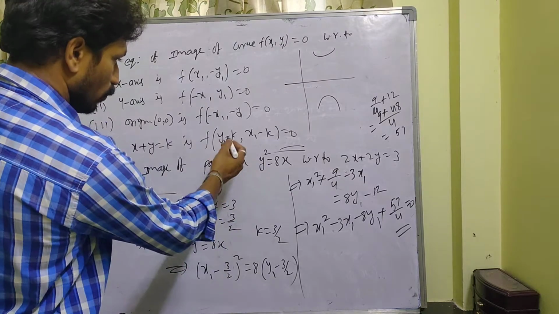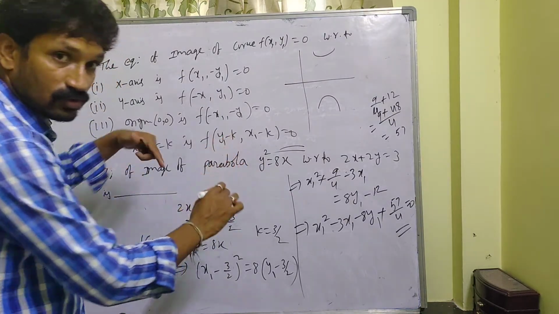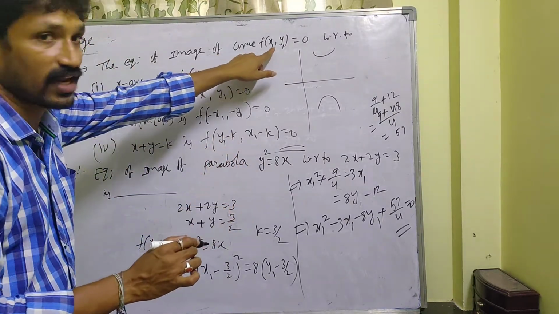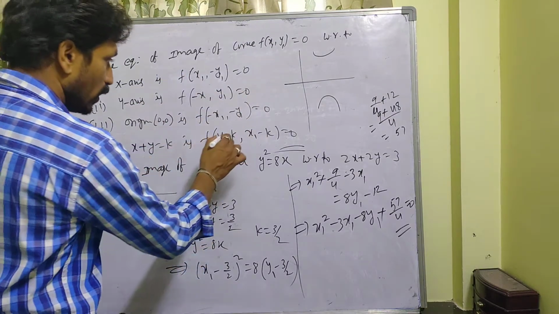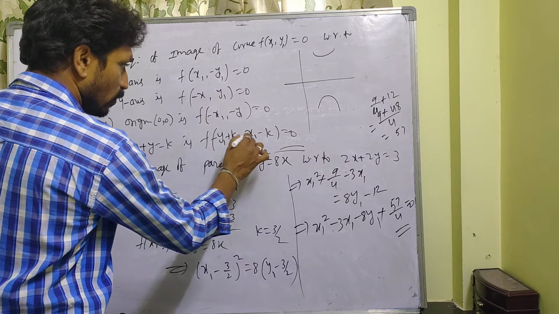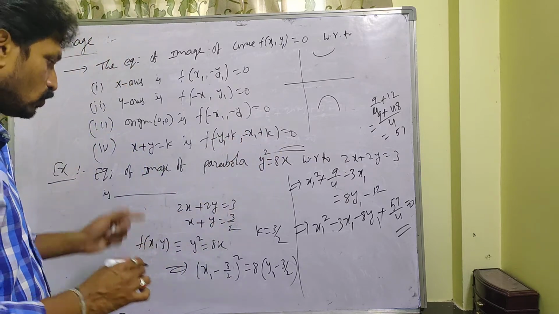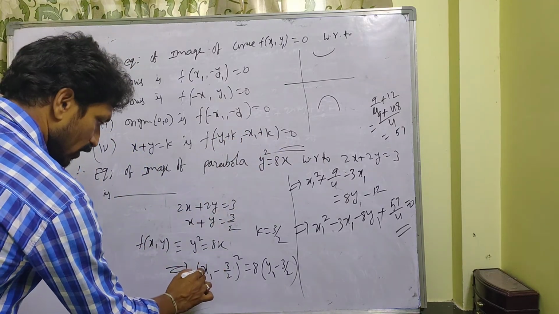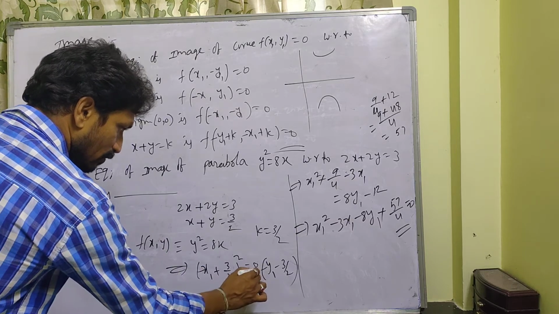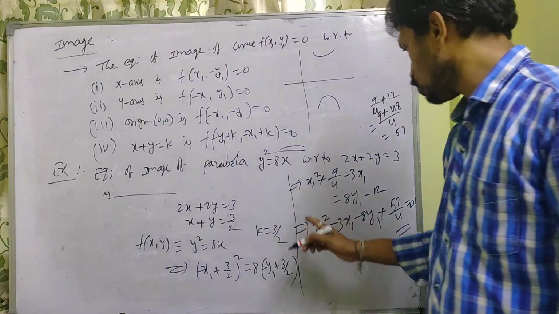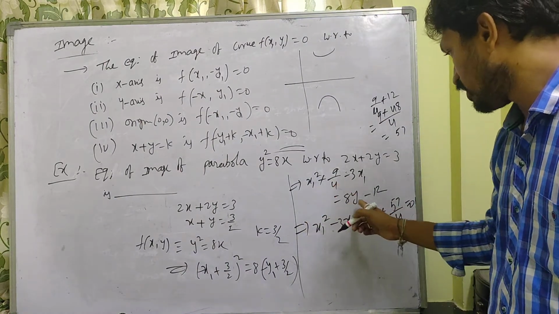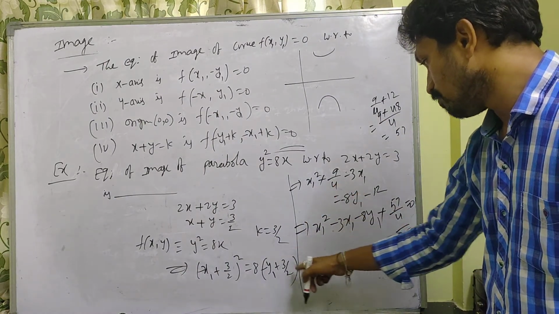Sorry, here we should write k minus y1. Previously, for x1 comma y1, it is k minus y1, k minus x1. So it is k minus y1, like this we have to write. Then here this is minus, this is plus, this is minus, this is plus. Just remember. So this one is the same, but here you get minus 8y1 plus 12.